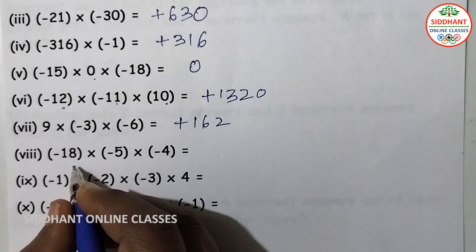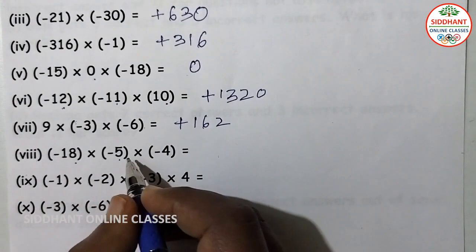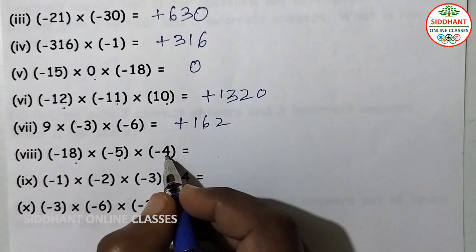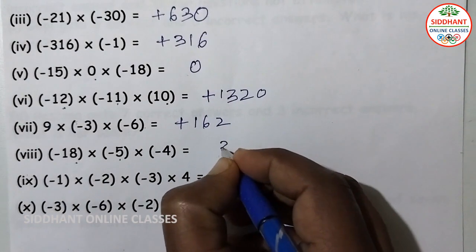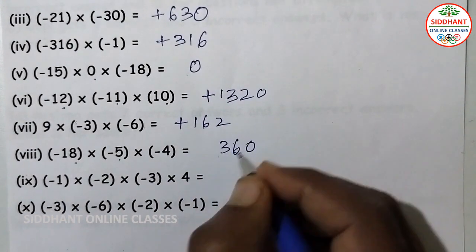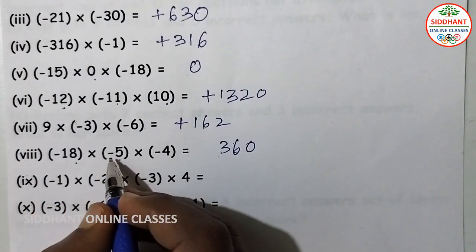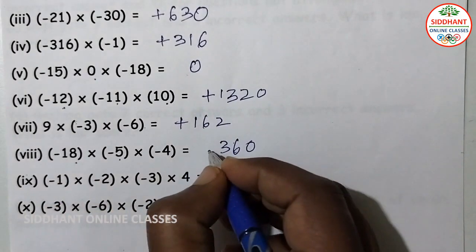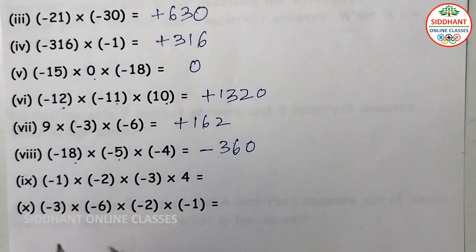Next, eighth one, minus 18 into minus 5 into minus 4. First here 5 into 4, 20, 20 into 18, that will be 360. Now multiplying signs, minus into minus, plus, plus into minus, then minus. The answer will be minus 360.